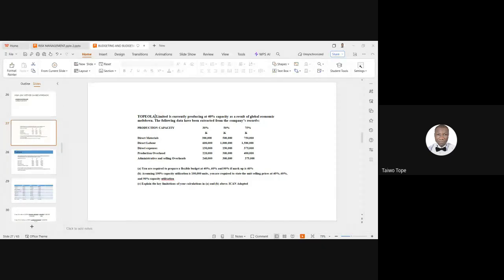It is when I can discover my capacity at 100% or at 1% that I can place 40% on my 100% capacity, 60% on my 100% capacity, and 90% on my 100% capacity, to know the quantity to produce at each of these levels.